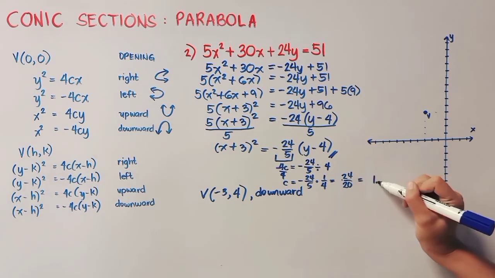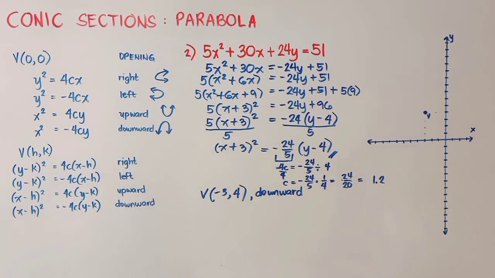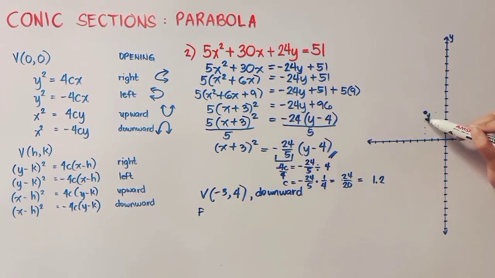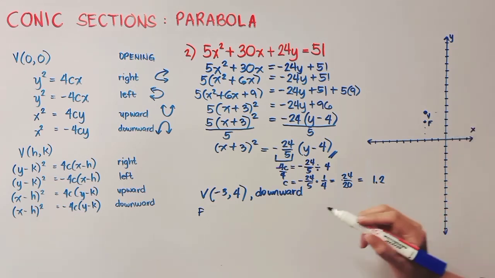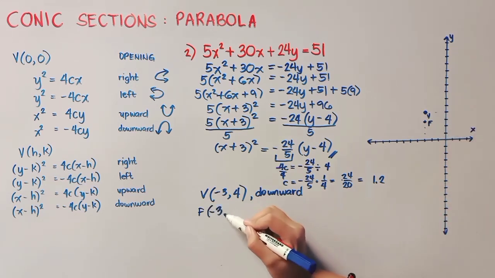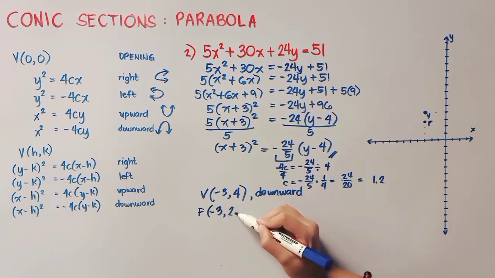So that is positive 24 over 20, which is equal to 1.2. That means to say that we have to count 1.2 units downward to get our focus. So 1.2 here, so it's in this point. 2.8. So this point is negative 3 and then 2.8.